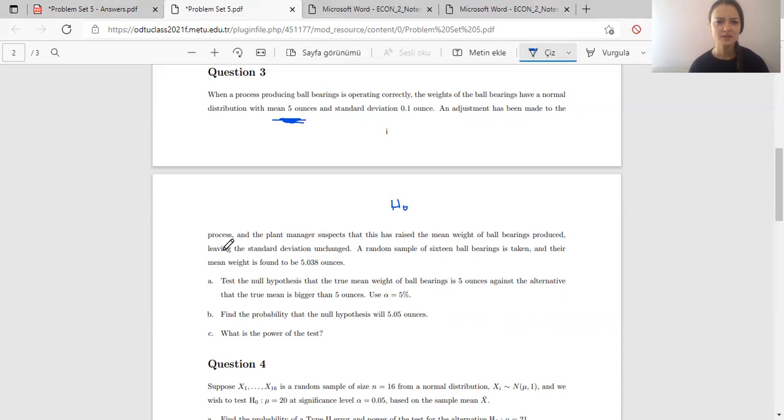And he thinks also the standard deviation is unchanged, okay? So we still have the same standard deviation. And we take a sample of 16 ball bearings, and the mean weight is found to be 5.038 ounces. Now, we need to test H0 and H1.